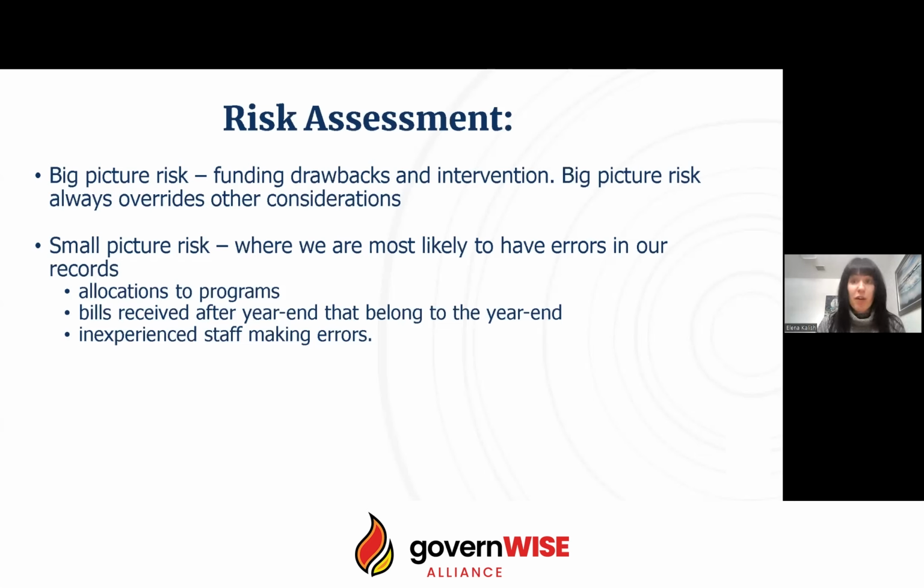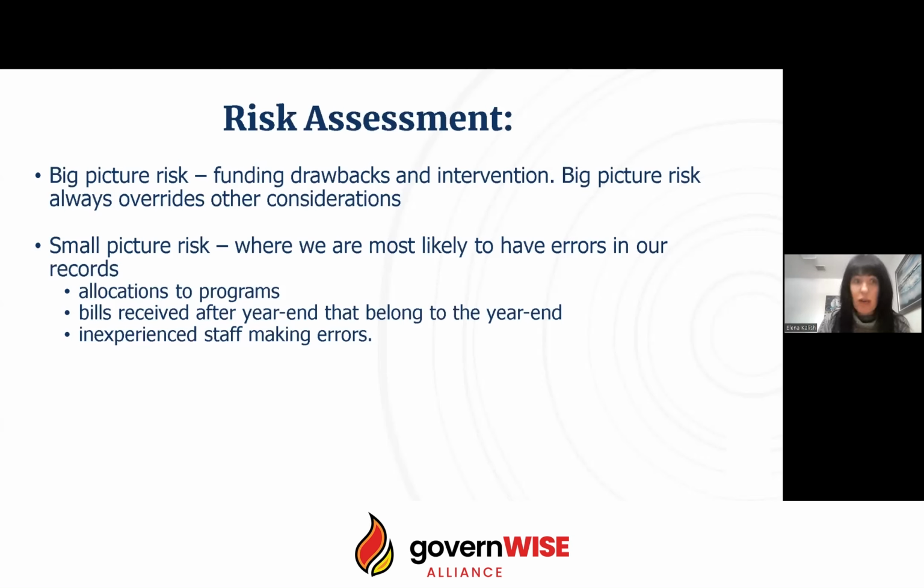So the point here is big picture risk should always override small picture risk. So if I have a few accounts that I'm struggling to reconcile, I'm struggling to confirm, maybe it's okay to let go of those accounts and send the records to the auditors for the sake of making sure the audit is done on time.